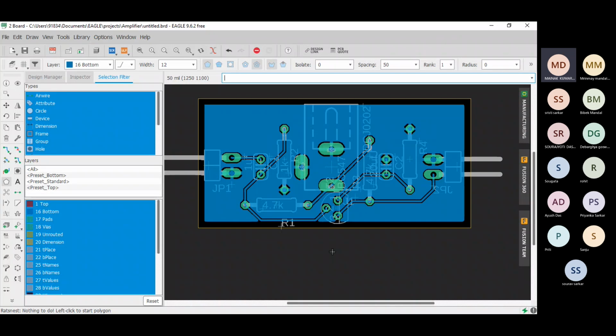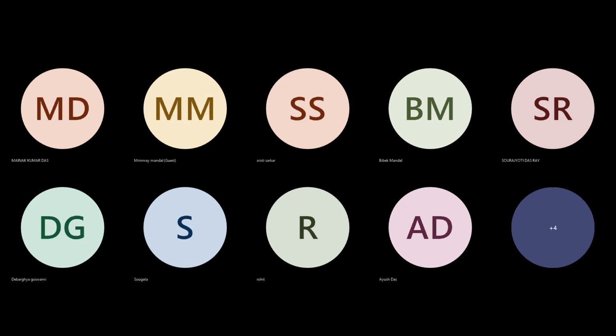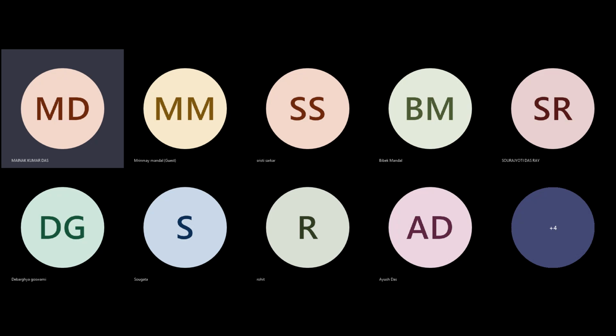Okay, so Mrinmoy, you did it without the use of via, but you are using the concept of rat's nest, or the ground plane.